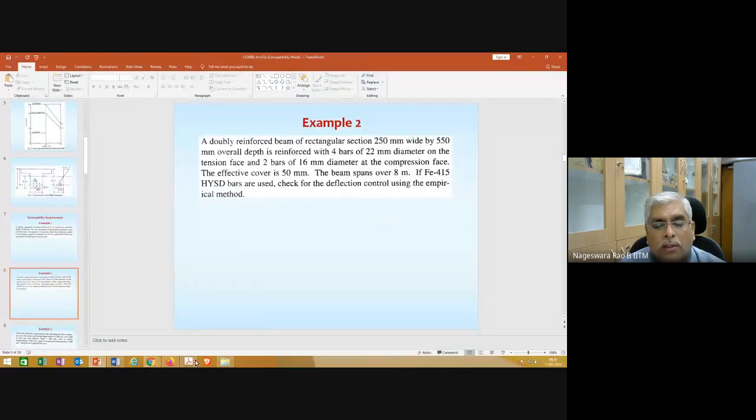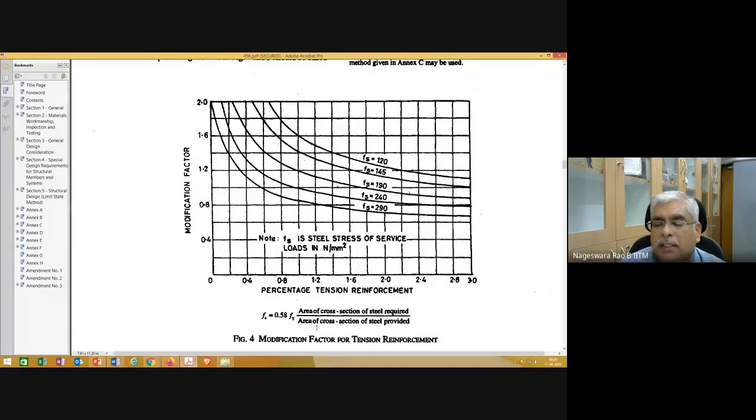Whoever just now mentioned the percentage of tension reinforcement, please tell me the modification factor for tension reinforcement.